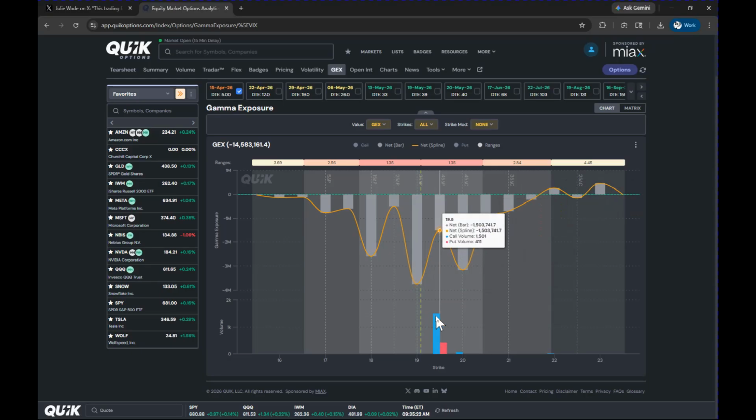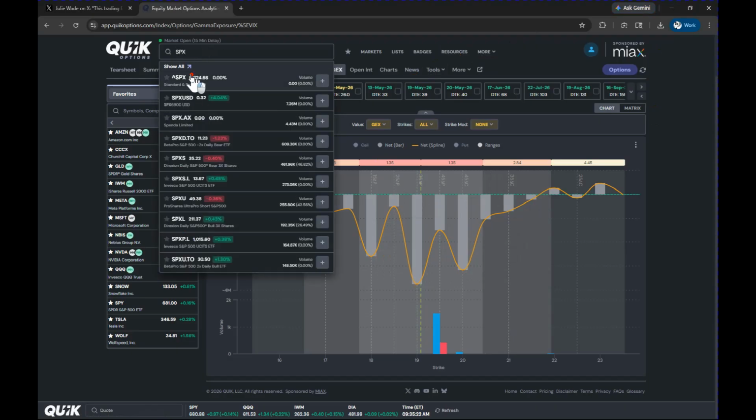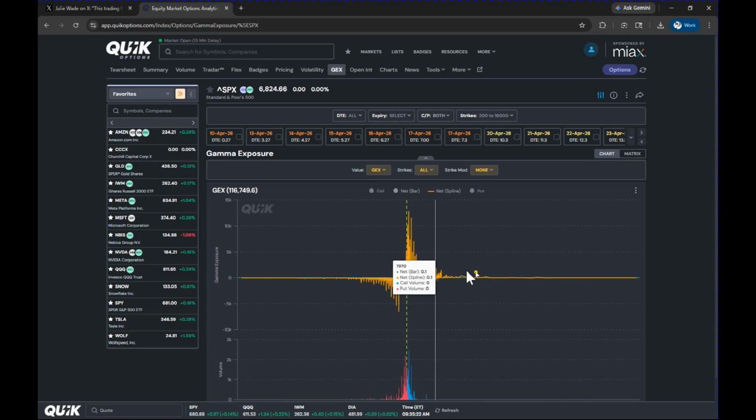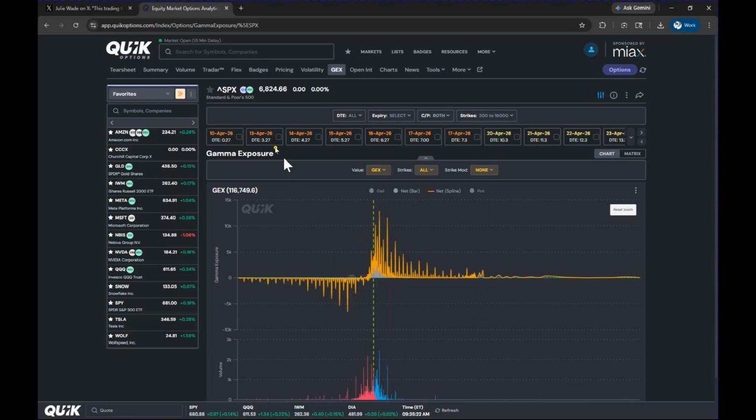So when you see this negative gamma bullish, we really don't want to be selling the market today. But that doesn't mean necessarily that you're going to be buying it either, especially if the market's running into a resistance area. But get your positive, negative gamma down. If we go over to the SPX, you'll probably see that it is positive for today.